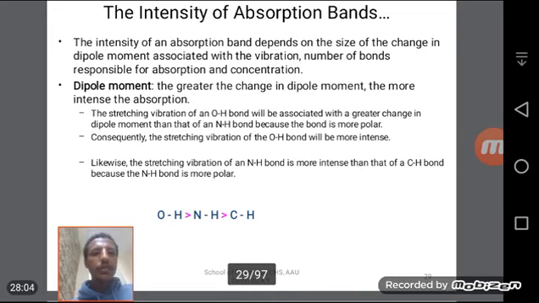The intensity of an absorption band depends on the size of the change in dipole moment associated with the vibration, the number of bonds responsible for absorption, and the concentration. As the change in dipole moment increases, the vibrational frequency of the molecule also increases.